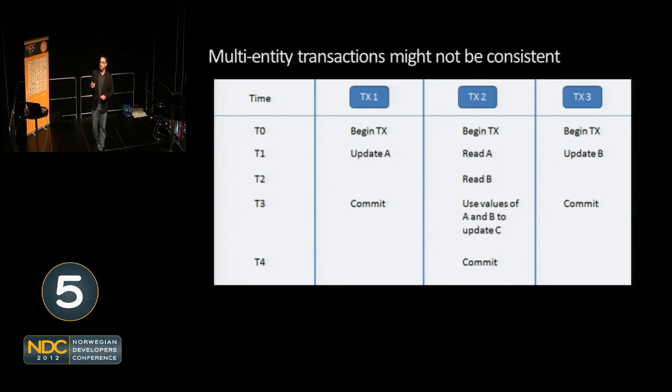I want you to also check the values of the entities that I'm reading. It's known as multi-version concurrency checking. I want you to make my transaction fail if the value of entity A or the value of entity B changed during my transaction. Why? Because I require that entities A, B, and C be consistent with each other.